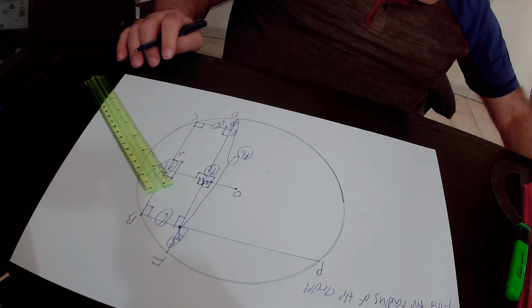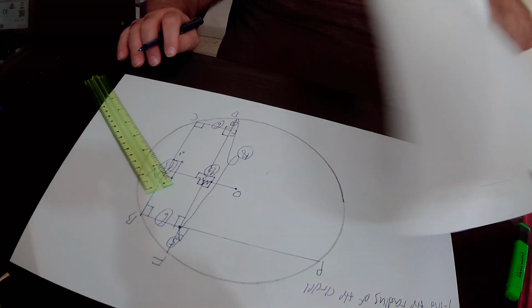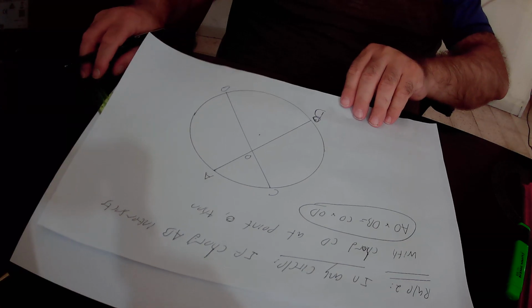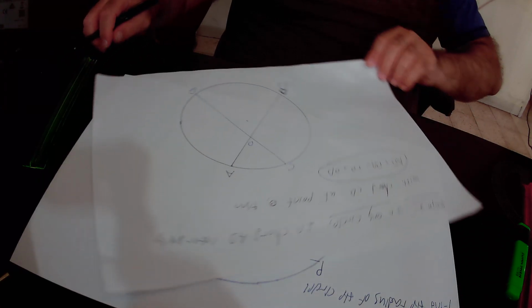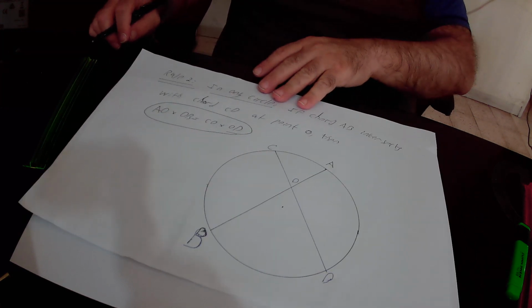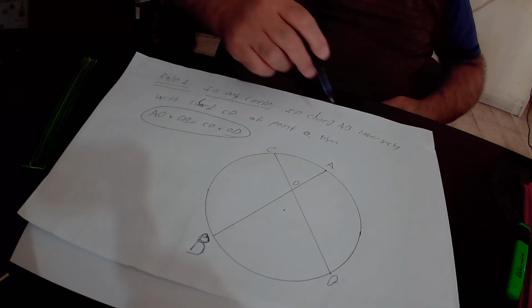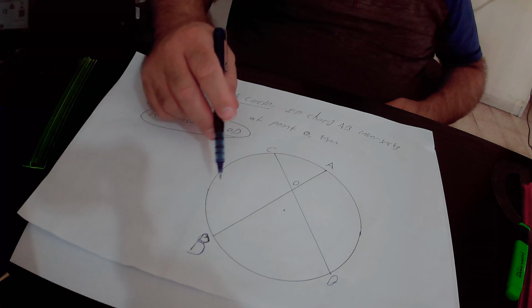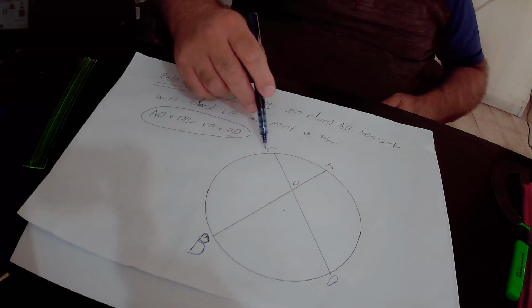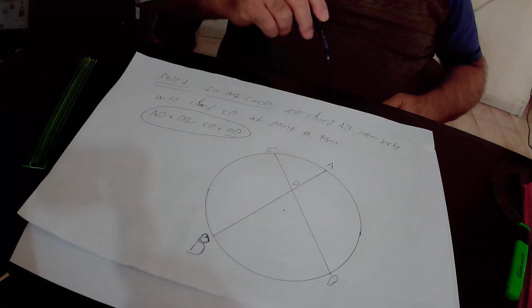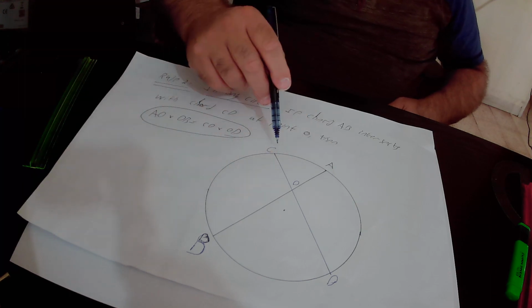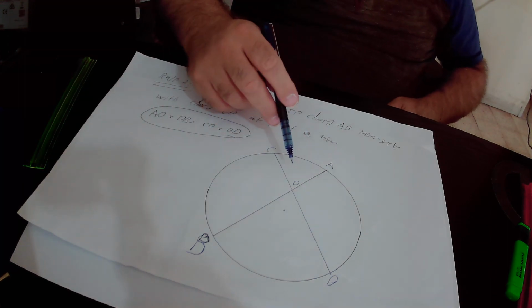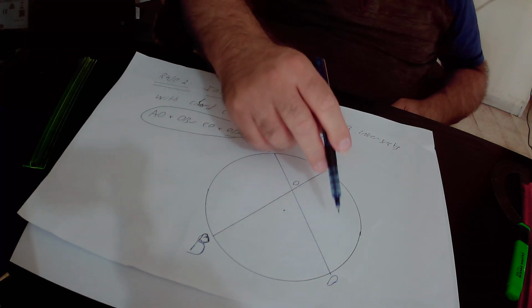I will remind you the old rule number 2. According to the old rule number 2, if chord AB intersects with chord CD at point O, then AO times OB equals CO times OD.